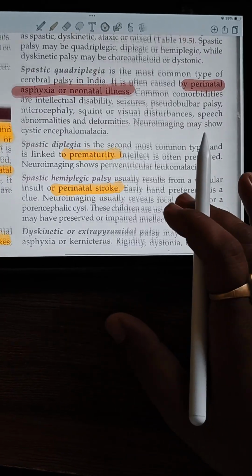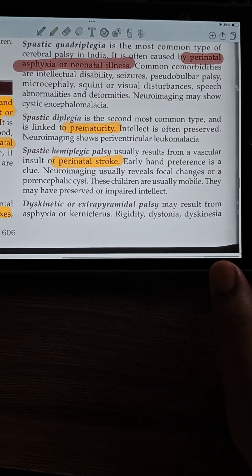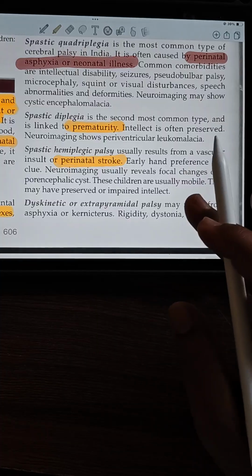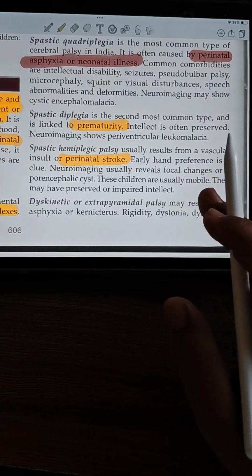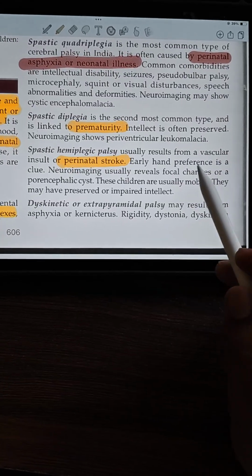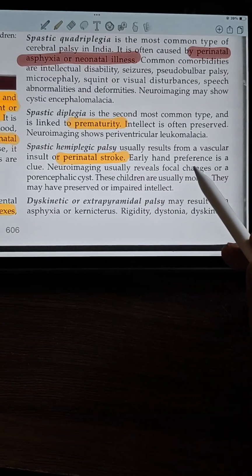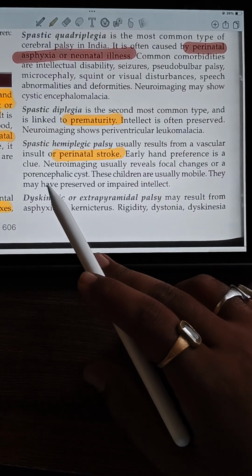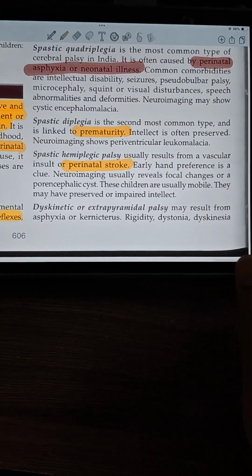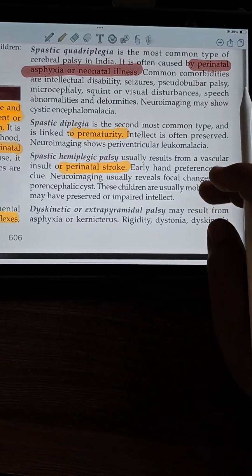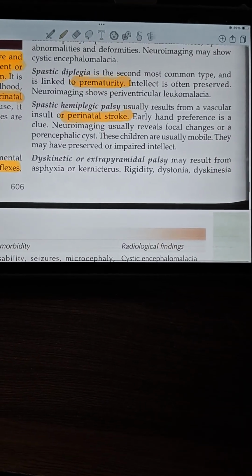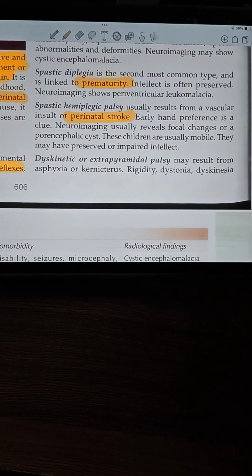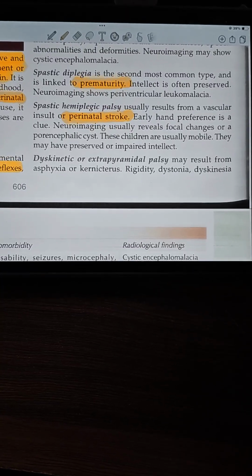But in spastic hemiplegia, they are usually mobile, and they may have preserved or impaired intellect, and its most common cause is perinatal stroke, and neuroimaging shows porencephalic cyst. And another one is dyskinetic or extrapyramidal palsy, which may represent asphyxia or kernicterus.